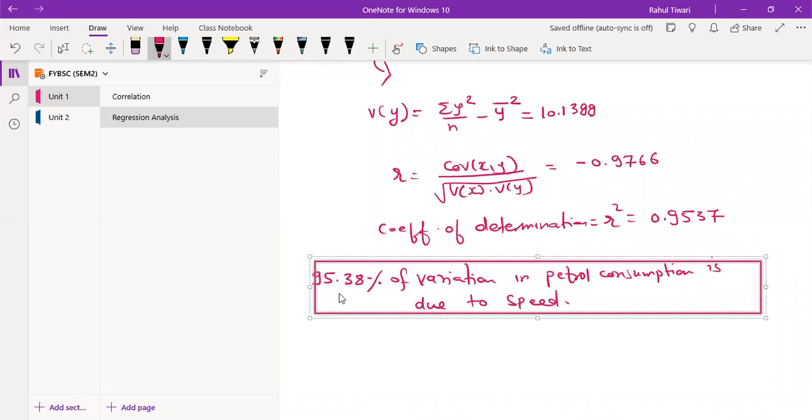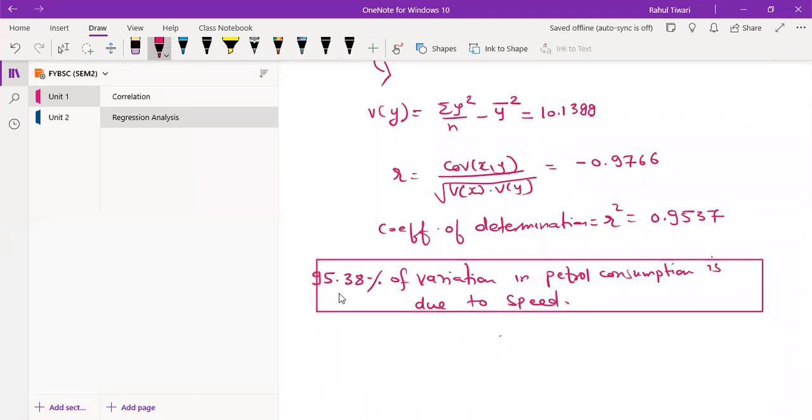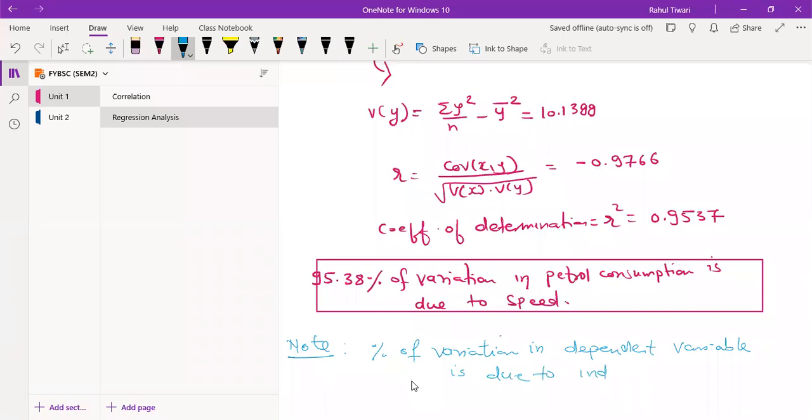So if I talk in general, I will put a note. In general, the percent of variation in the dependent variable is due to the independent variable.